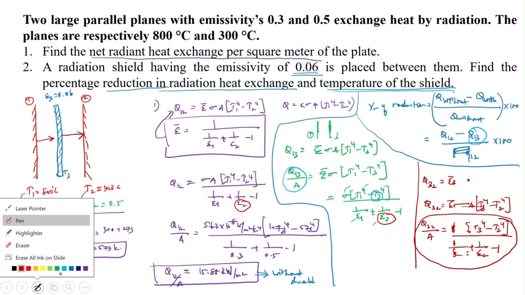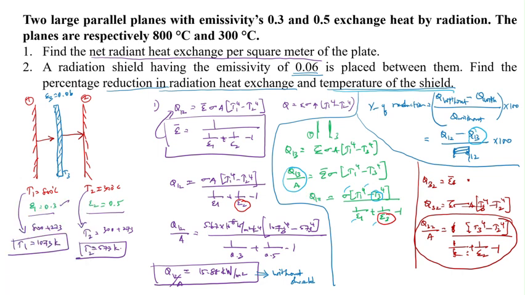What is the reason for finding Q123 and Q322? Note that Q123 divided by A is equal to Q322 divided by A. We equate them because this is plate number 1, this is plate number 2, and in between we have a radiation shield, which is called 3.